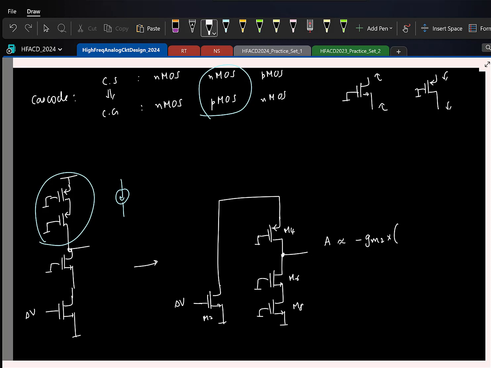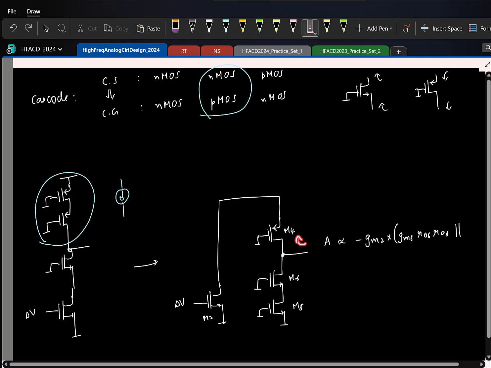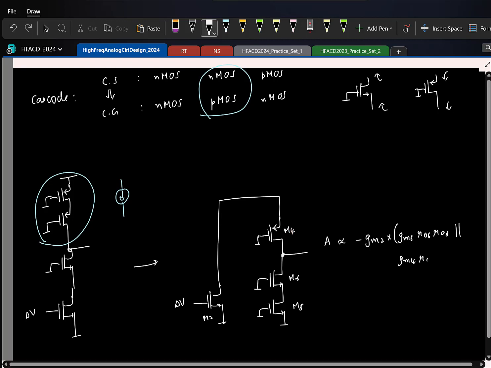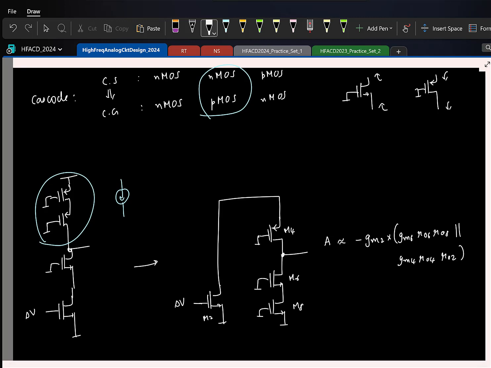So what is the output resistance? Looking down, what is the resistance? Similarly, what is the resistance looking up? That's all. This is a cascode transistor. So GM4 R0 4 times R0 2. So this is how we want with respect to small signals, but of course let's make the full thing.